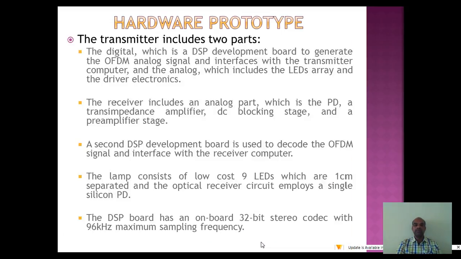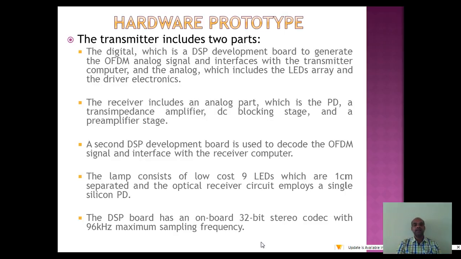This is a hardware prototype, and it will include two parts: the transmitter. That is, when we design a digital signal processing board, the chip has to be modulated. We need to have the modulated chip to convert the signals into appropriate format.